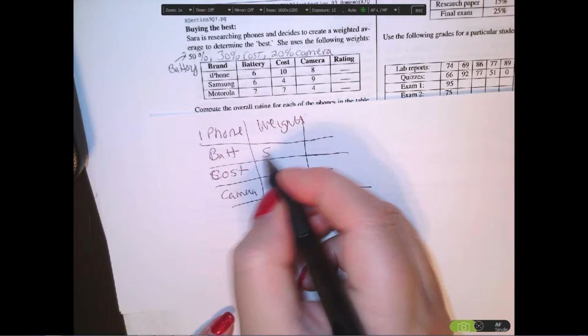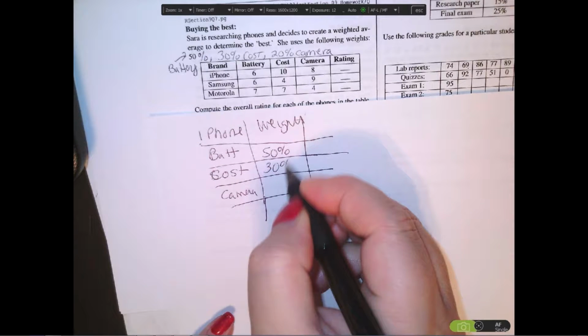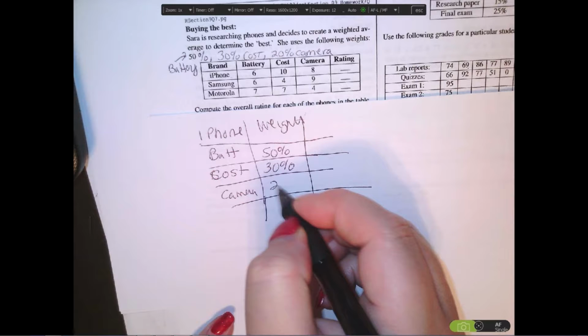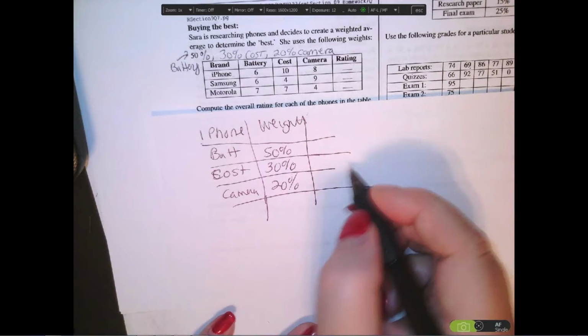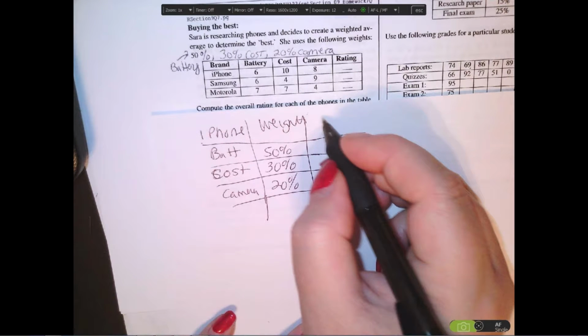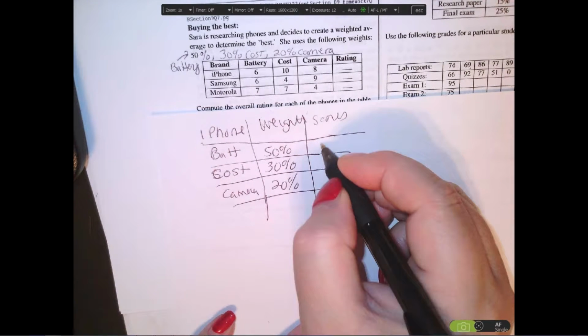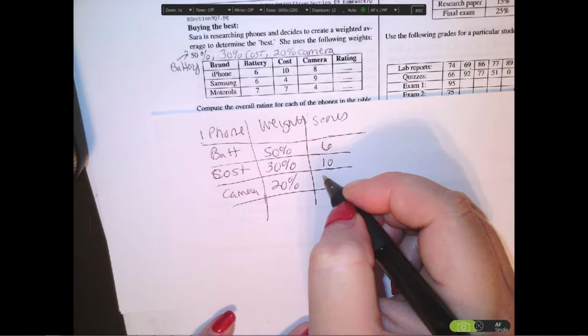This was 50%. This was 30%. That was given in our data. And this was 20%. Again, it's got to add up to 100%, and it does. Okay, and their scores. Their values were 6 and a 10 and an 8.